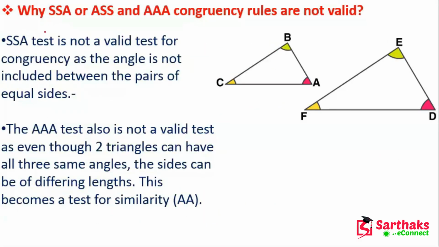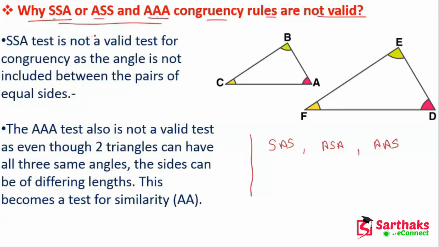Now, why are SSA or ASS and AAA congruency rules not valid? We know that we have the side angle side rule, the angle side angle rule and the angle angle side rule, but we don't have the side side angle or angle side side congruency rule, because these rules are not valid. Why?